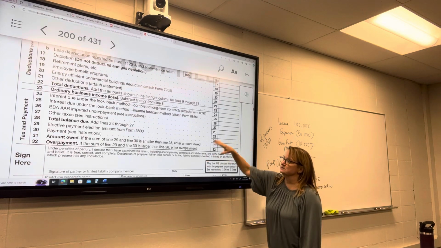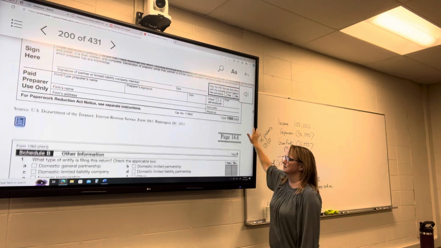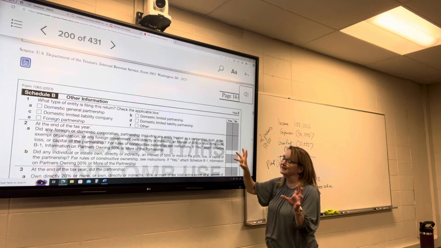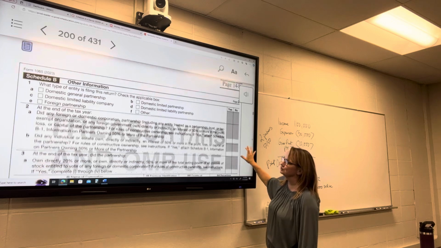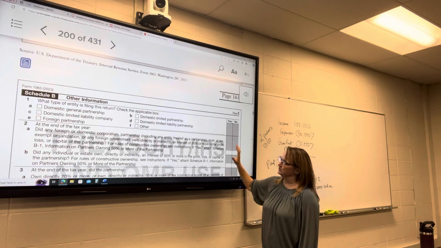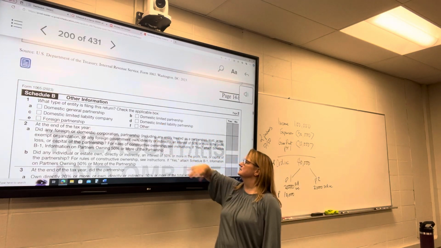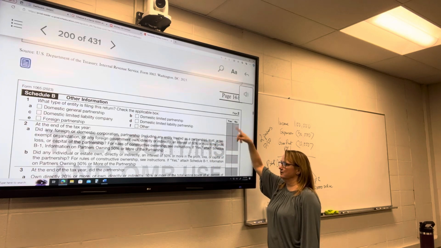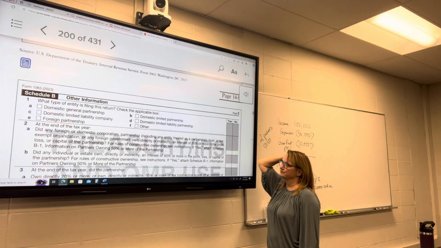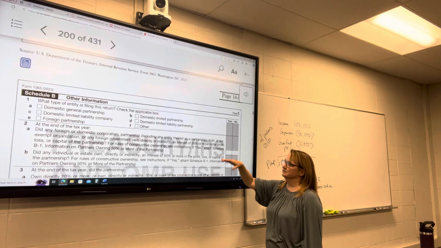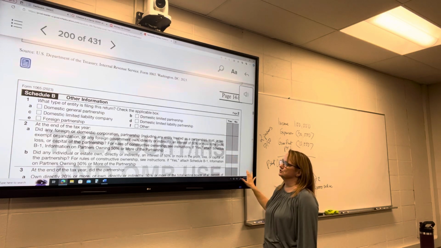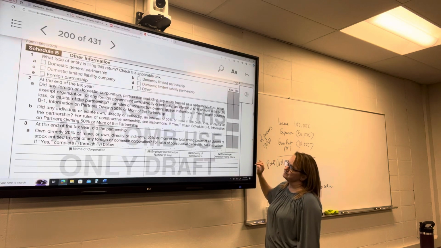Don't worry about all that stuff. That's very confusing. There are some intricacies to partnership income for sure. What type of partnership is it? Is it a limited liability partnership? I don't know what the difference is between a limited partnership and a limited liability partnership. No clue.